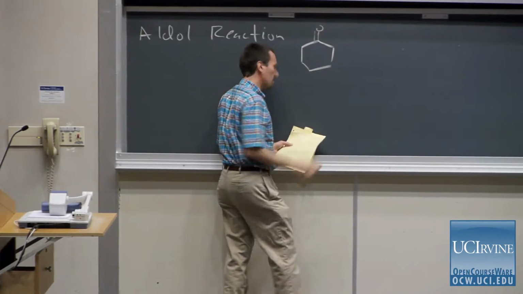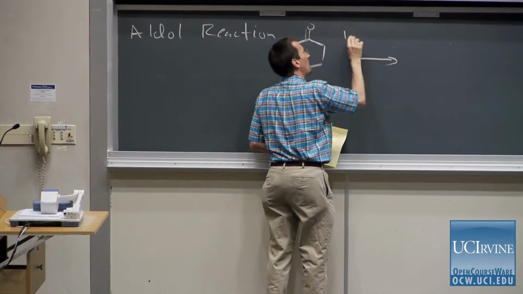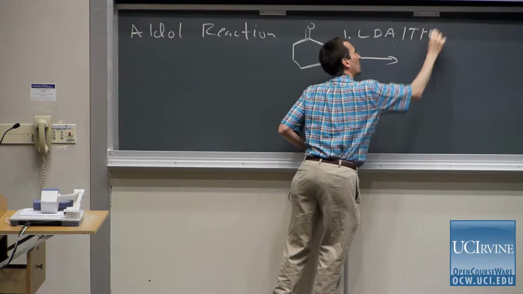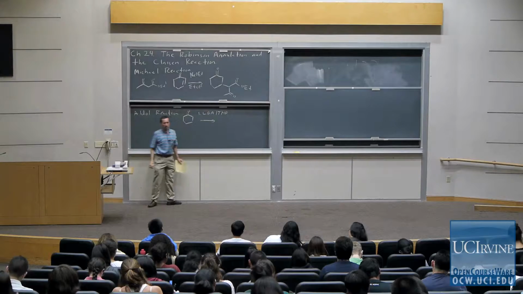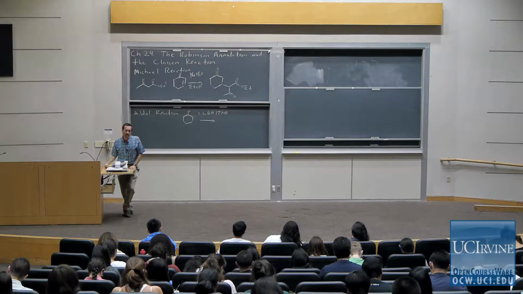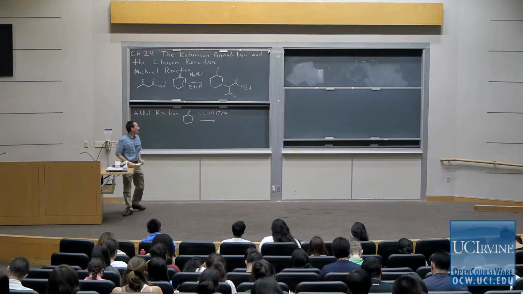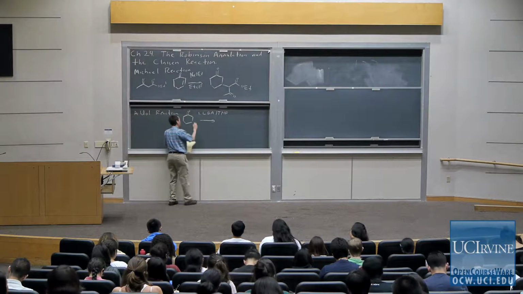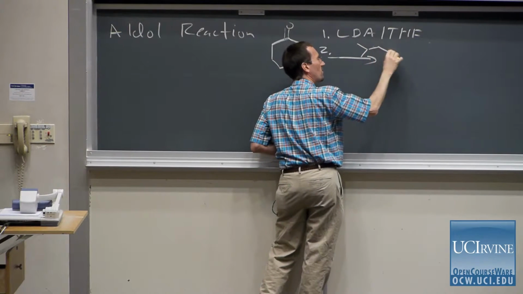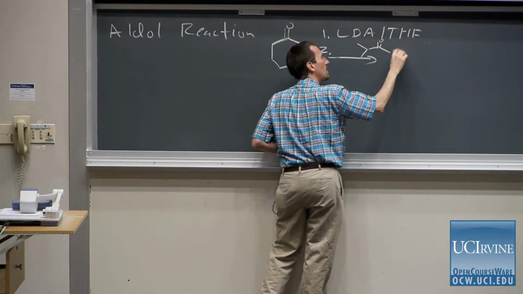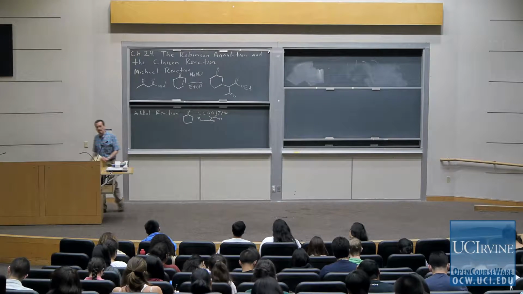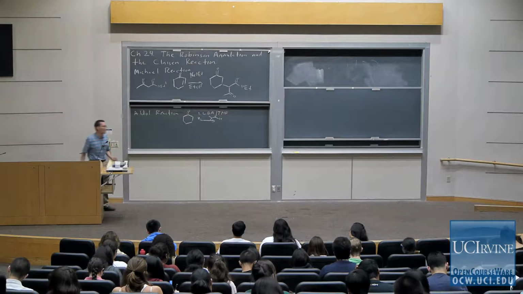So the example that I gave was cyclohexanone, one of the several examples, and we treat it with LDA and THF. LDA is a very strong base. Conjugate acid diisopropylamine has a pKa of 40. And then in a second step, we add a ketone or aldehyde. I said this is a very general recipe, and I used isobutyraldehyde in this particular example, 2-methylpropanal.